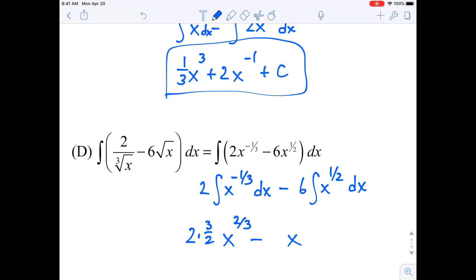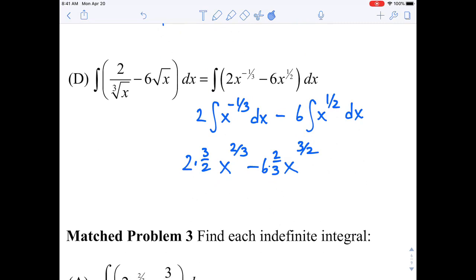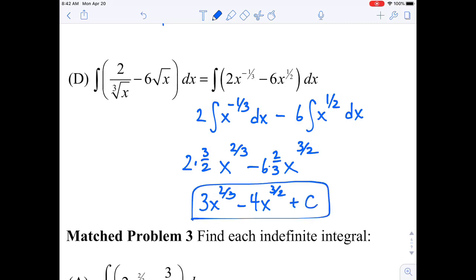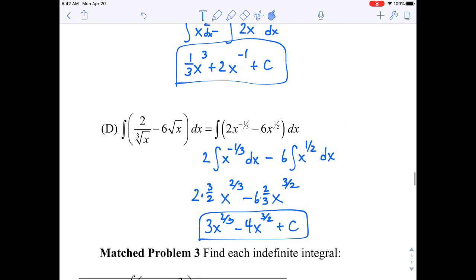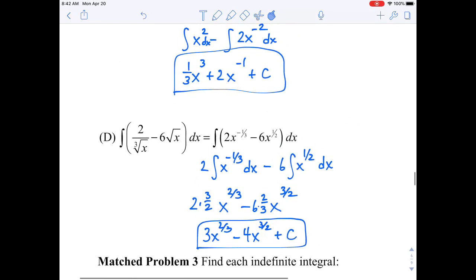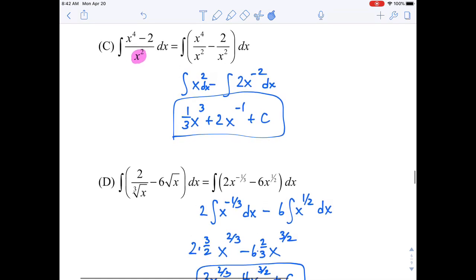Add one. And then let's simplify. 3x to the 2/3 minus 4x to the 3/2, and we have to put our plus c on the end. For some reason, I'm feeling like this one up here is not right.